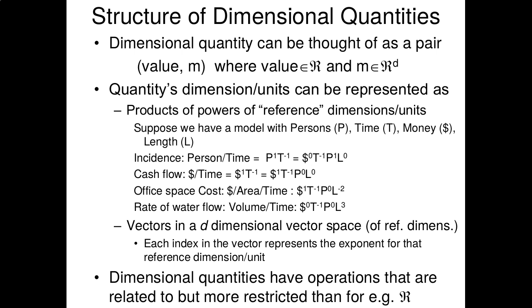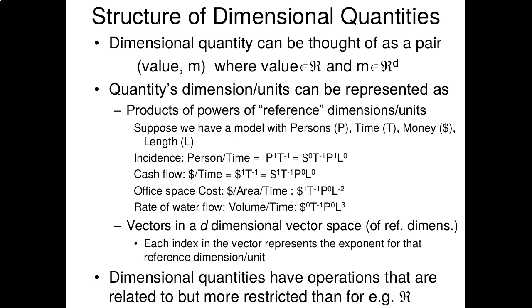So for example, cash flow, currency per unit time, we can express that as currency to the 1 power times time to the minus 1 power times length to the 0th power. By the 0th power, I just mean there's no dependence on that. There's no term involving that. So you could think of it as 1, a dimensionless sort of multiplier. So this is the effective dimension. Okay.